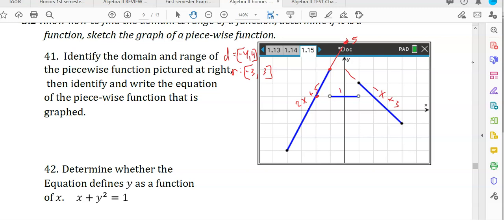So we've got f of x equals 2x plus 5 is the left-hand one. This one's going to be 1. This one's going to be -x plus 3.